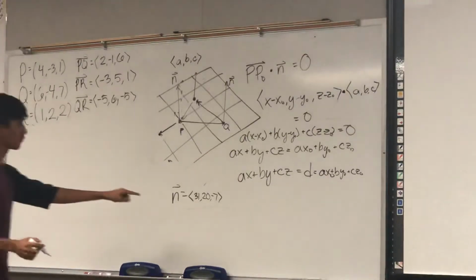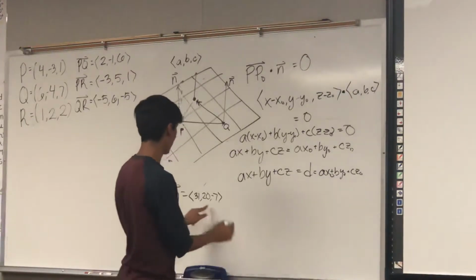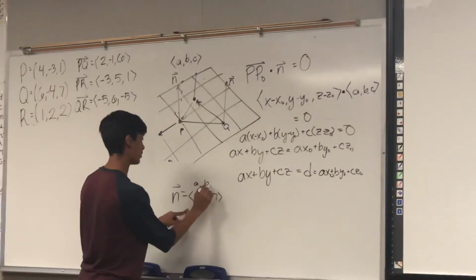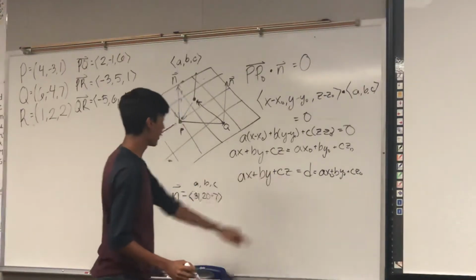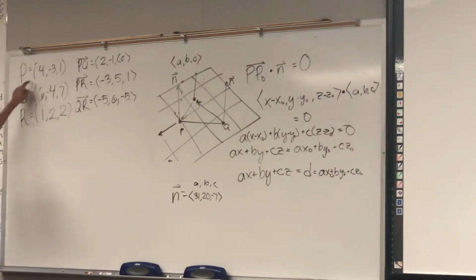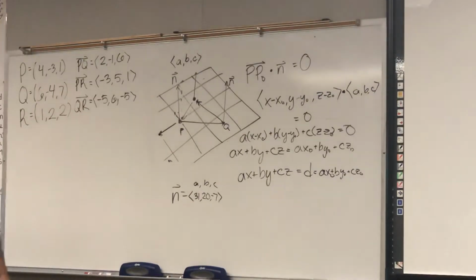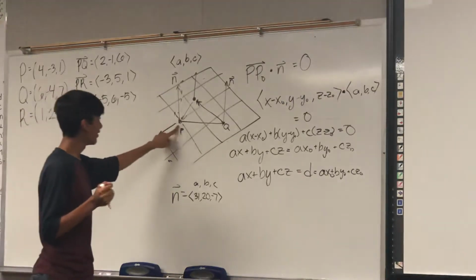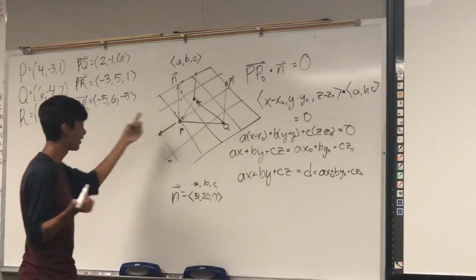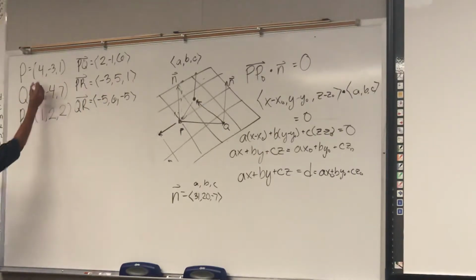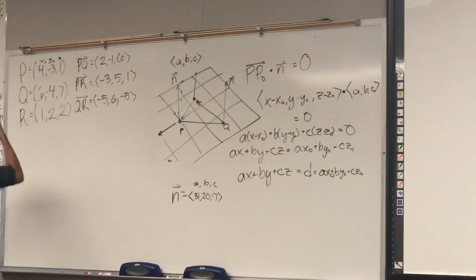Now we just plug this back into the equation with a, b, and c. We're given points P, Q, and R, but does it matter which point we use? No, not really. I'm just going to go with P, with x naught, y naught, z naught.